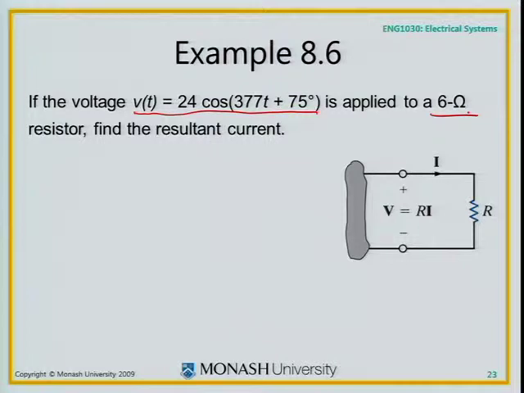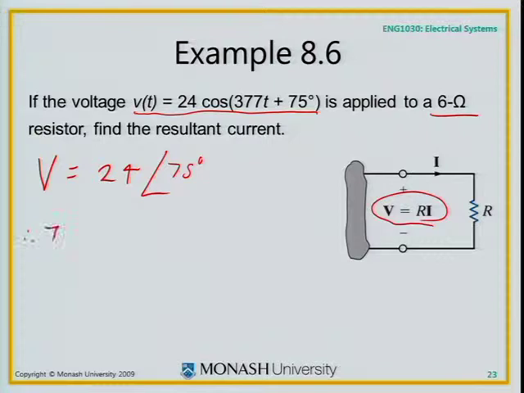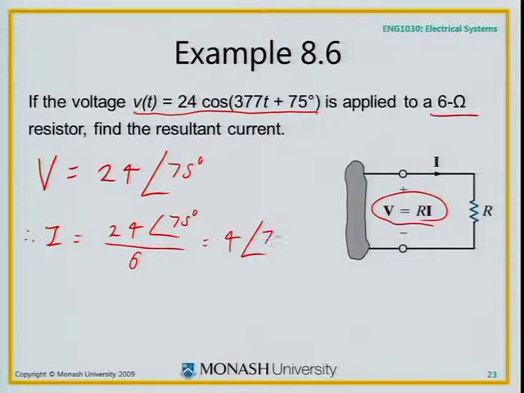Of course you can tell me instantaneously what it is from Ohm's law in the time domain. But let's do it in the phasor domain. The phasor V corresponding to the underlying voltage is 24 at angle 75 degrees. And I know that V equals Ri in the phasor domain, so the phasor current is 24 at angle 75 degrees divided by 6 ohms, which is 4 at angle 75 degree amps.